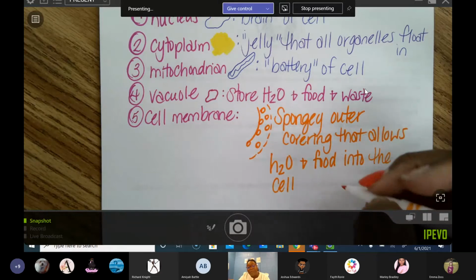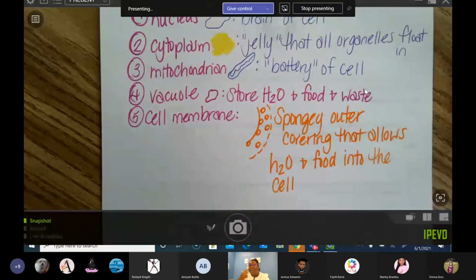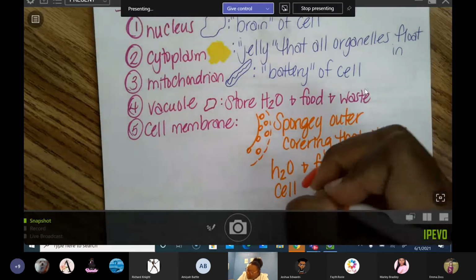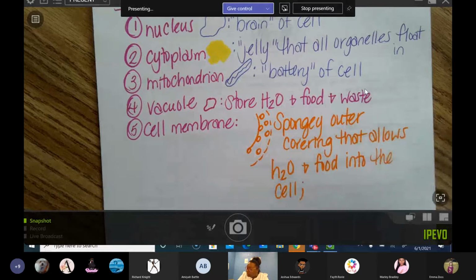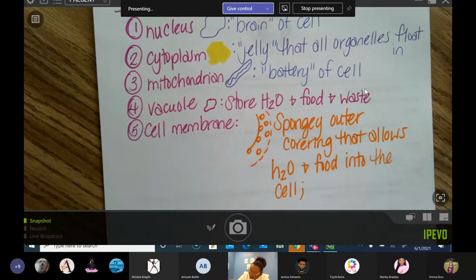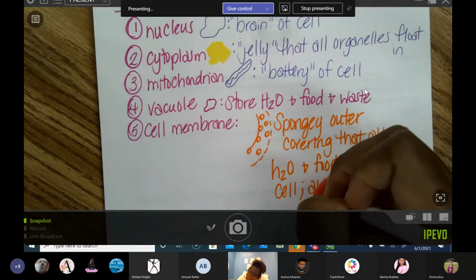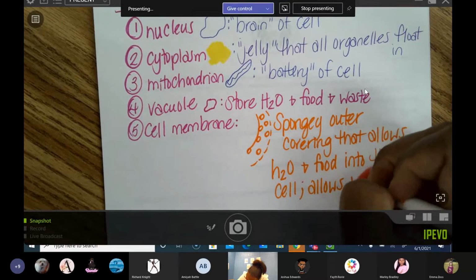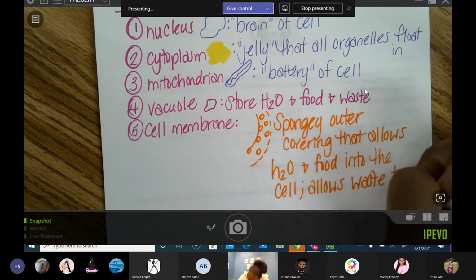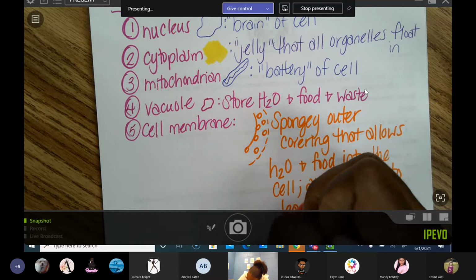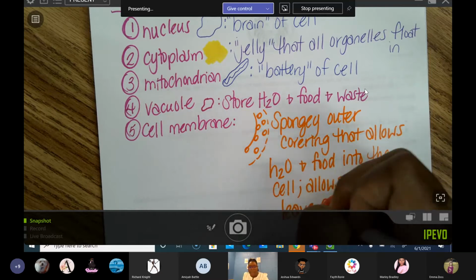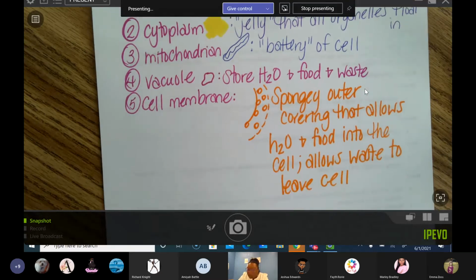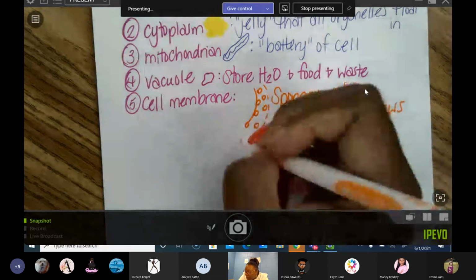And it allows bad stuff like waste, stuff that if it stayed in the cell, it could kill the cell, to go out. You're going to see those little holes there. We call those our pores.